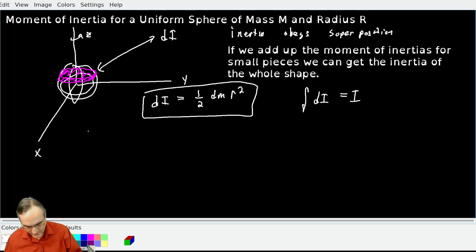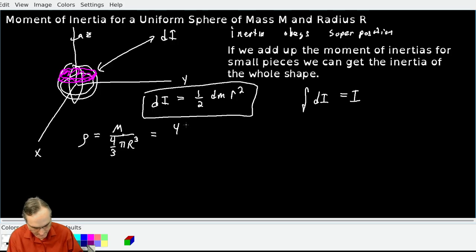All right, first we need the density of the material. It will be m divided by the volume of the whole sphere. That will look like 3m over 4 pi R cubed, where R is the big R, the radius of the whole sphere.